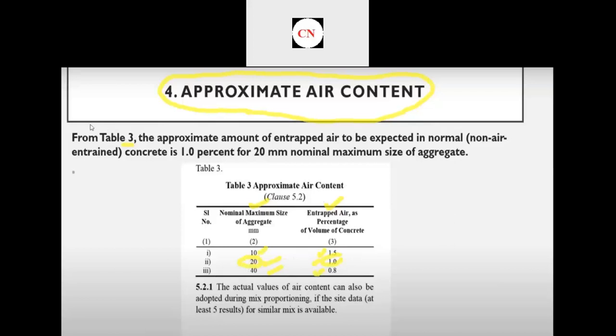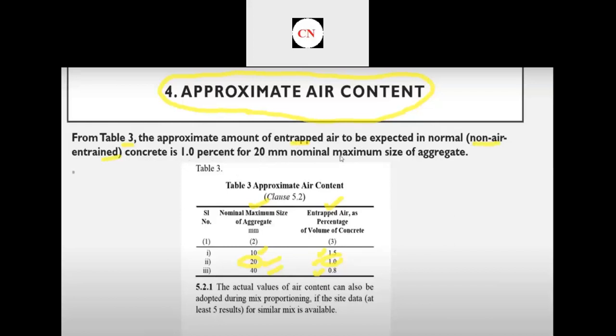This value holds good whenever we are casting non-air entrained concrete. Entrapped air is different, entrained air is different. Entrapped air means we are not introducing the air into the concrete intentionally.